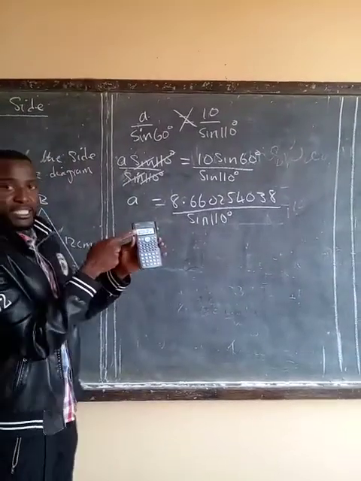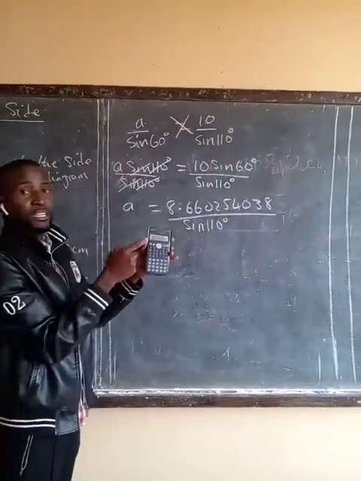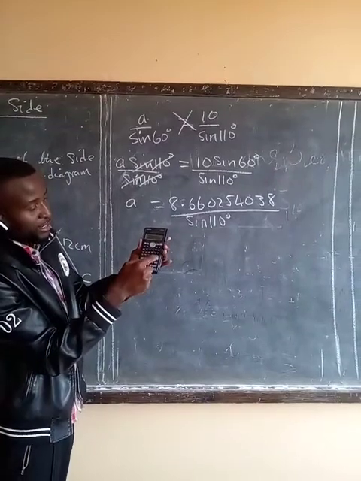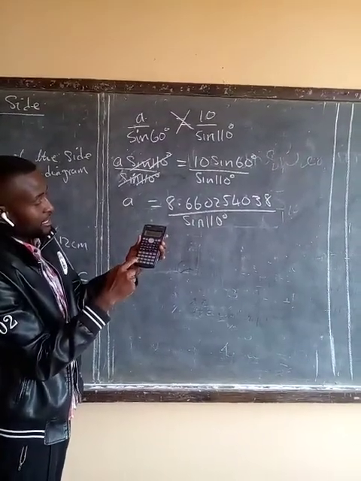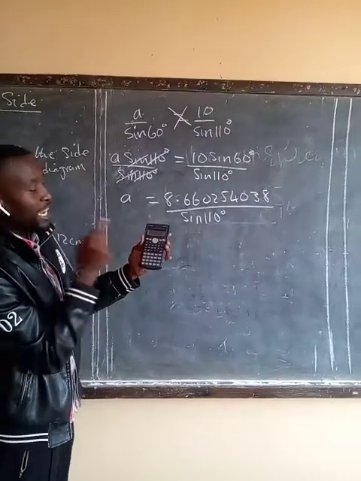Don't erase the digits you have found here. Just press divide on your calculator, sine 110 is equal to 9.2.